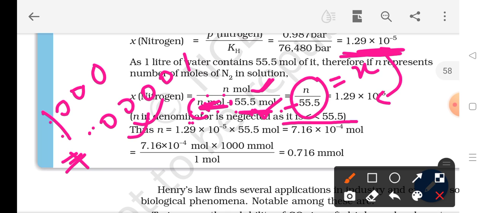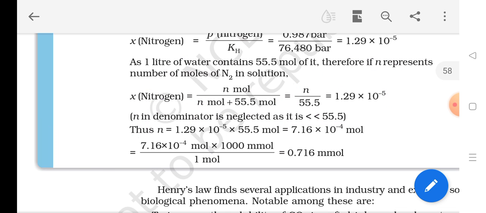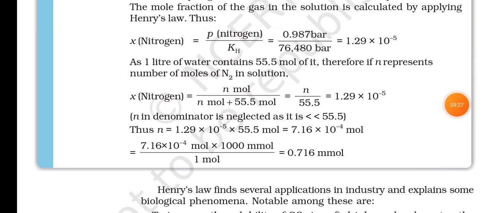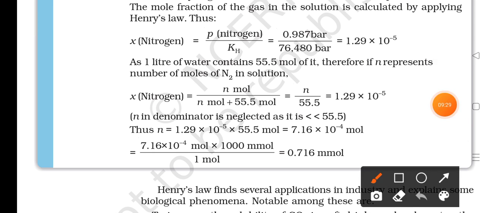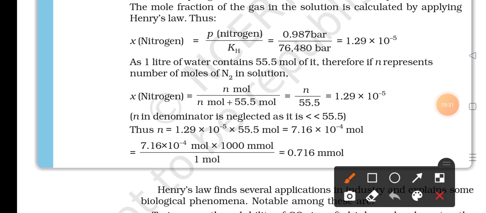Now we are going to calculate, and we get the value of this n very easily. By multiplying these two, we get a value of around 7.16 into 10 power minus 4 mole.